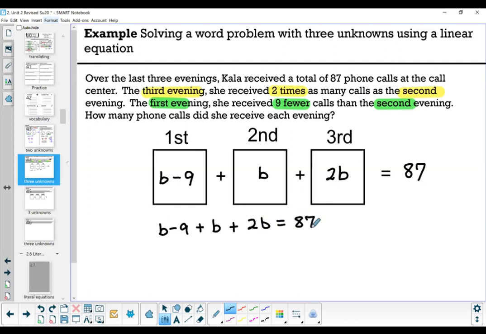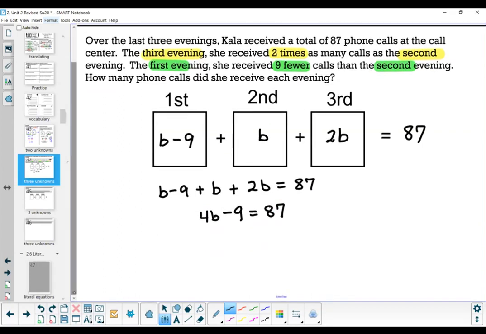Okay, combine your B's. 1B, 1B, and 2B is 4B. And then minus 9 equals 87. Okay, so now from here, I'm going to use my addition property of equality by adding 9 to each side.